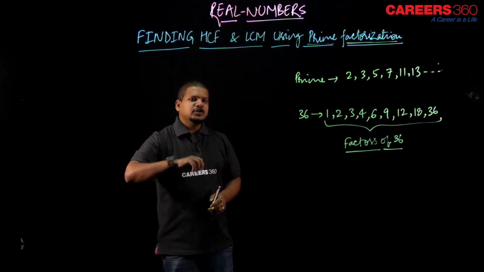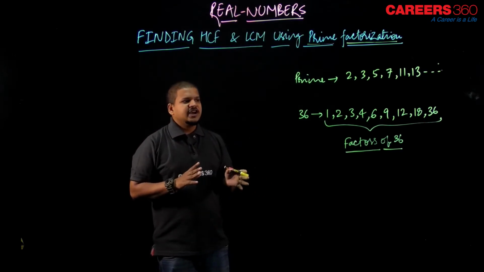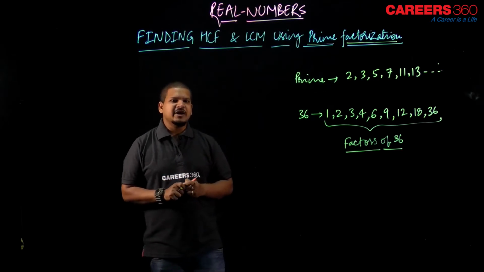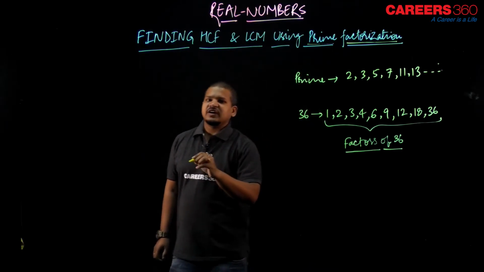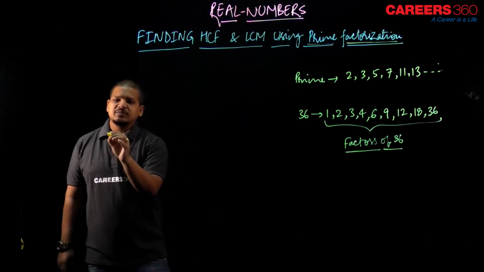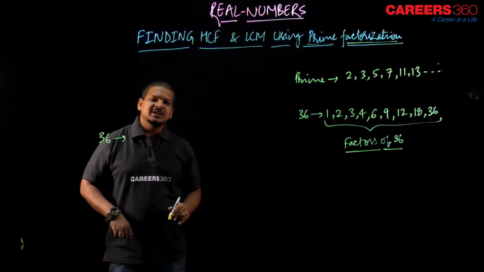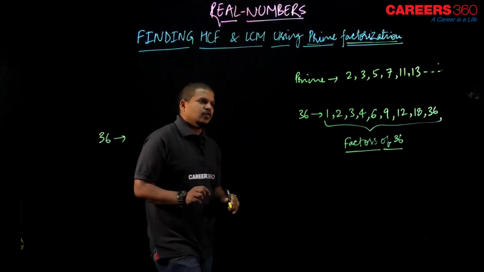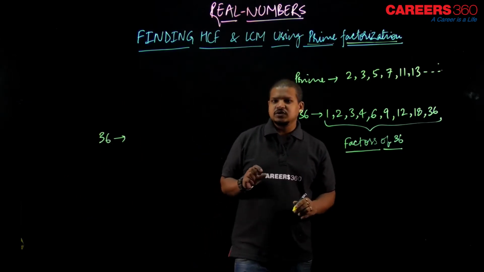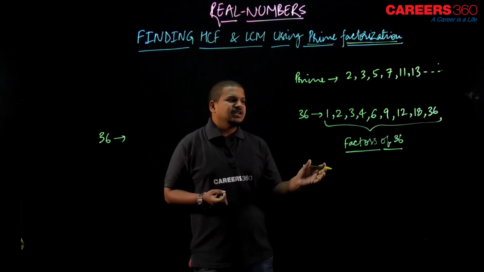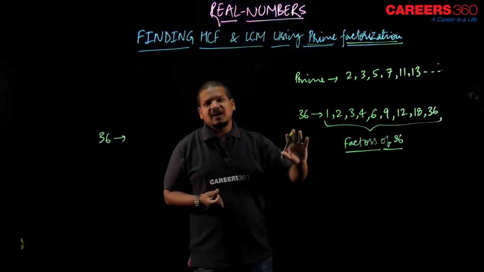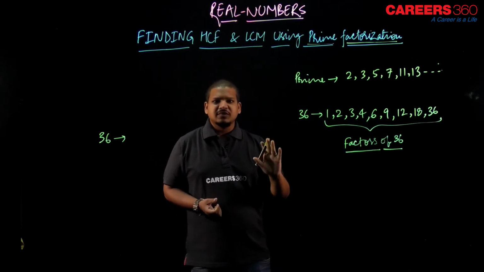Now, coming to the topic of prime factorization, what is prime factorization? For example, if I want to express 36 in prime factors, then what would be the prime factors of it? So factors are the numbers which divide the given number completely.